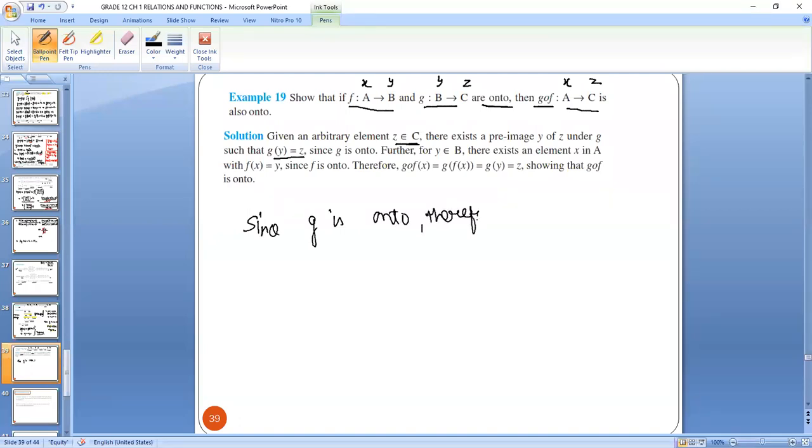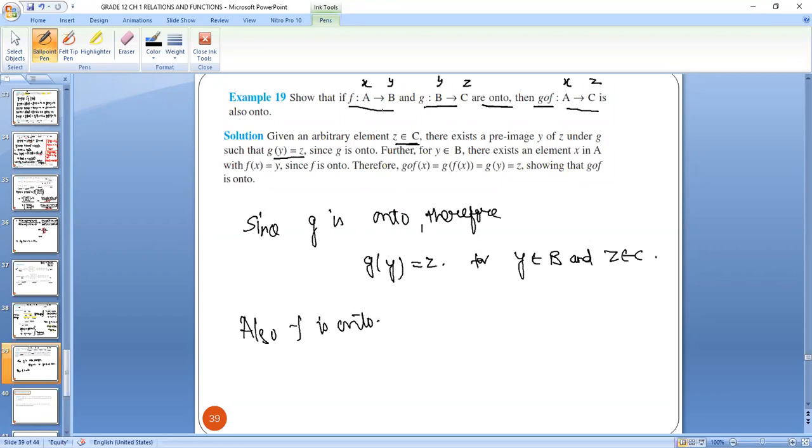Therefore G of Y will be equal to Z, for Y belongs to B and Z belongs to C. Also, F is onto.